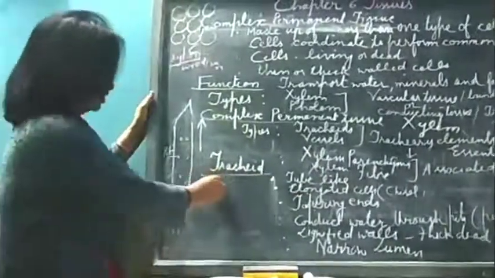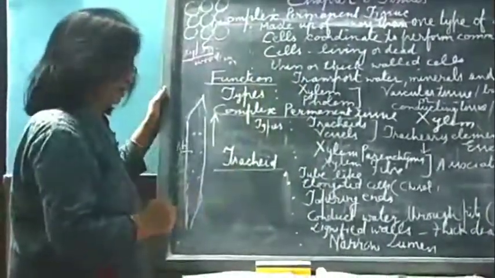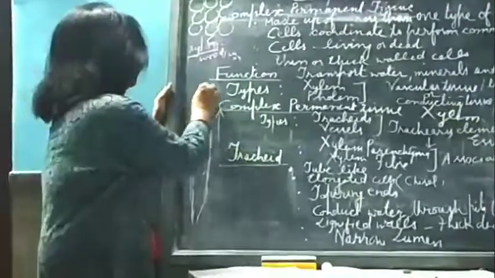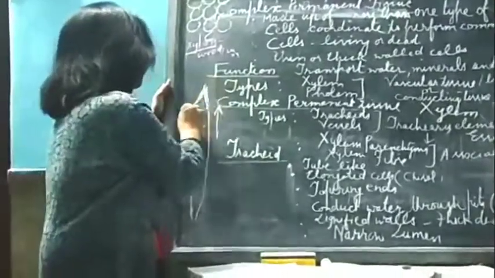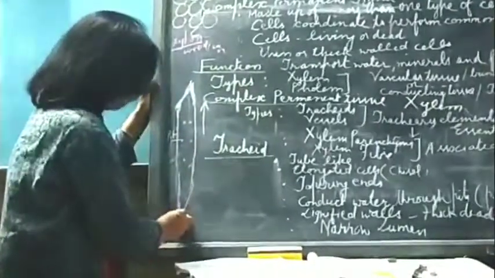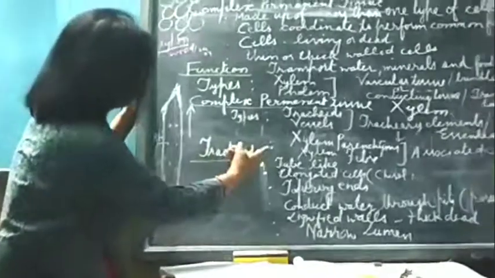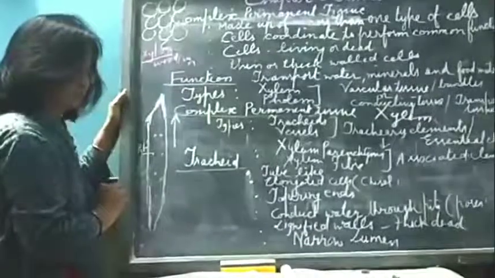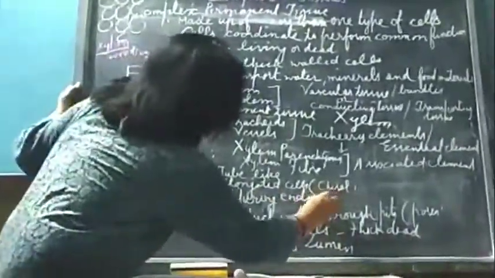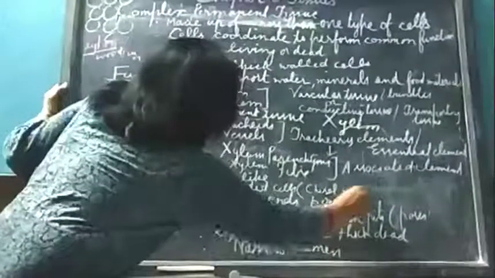So the tracheid structure is tube-like. Elongated cells. The ends are tapering. The important point here is that the ends are tapering, because in vessels, as we will discuss, the ends are not like this. Tapering ends, we can say their ends are pointed.